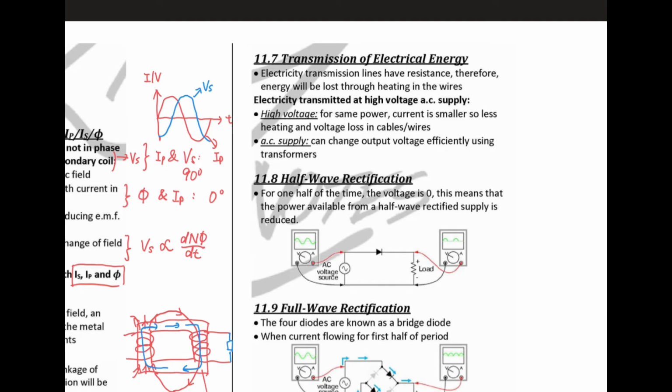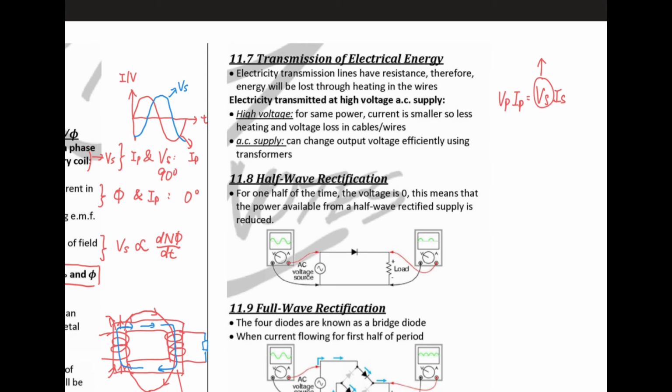Then why do we need to use high voltage? Our formula is VpIp equals VsIs. If you use a step-up transformer to make the output voltage high, then the current will be low. Current is smaller, so there is less heating and voltage loss in cables or wires.